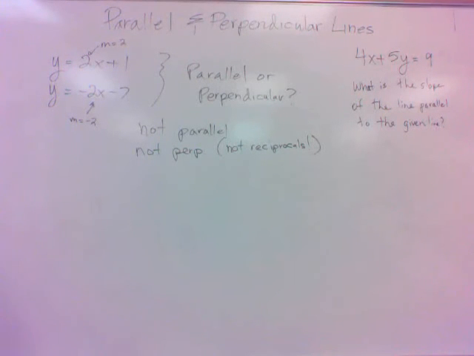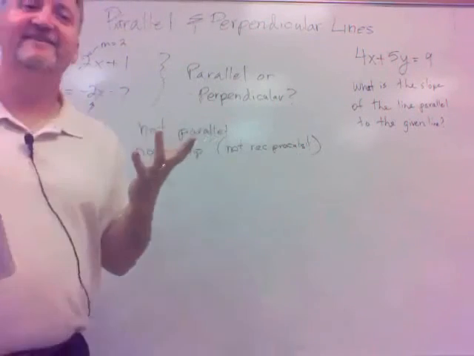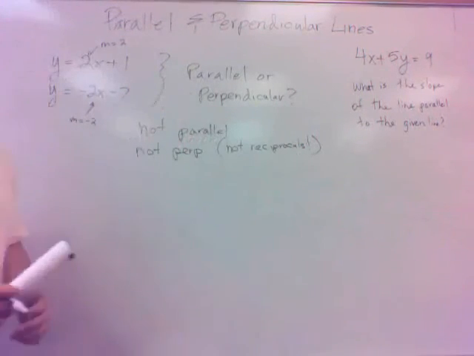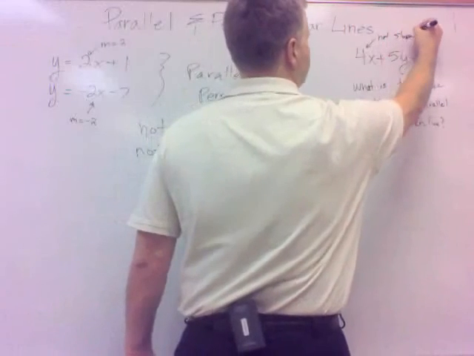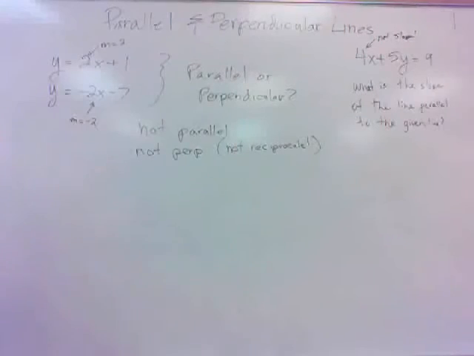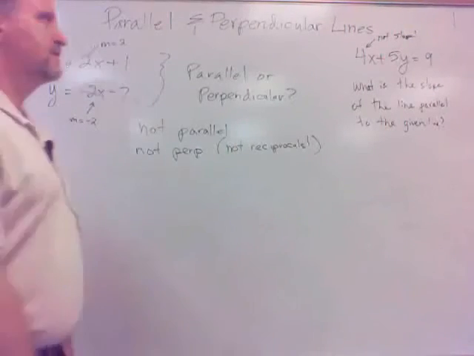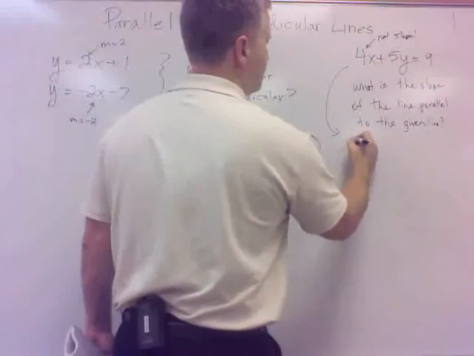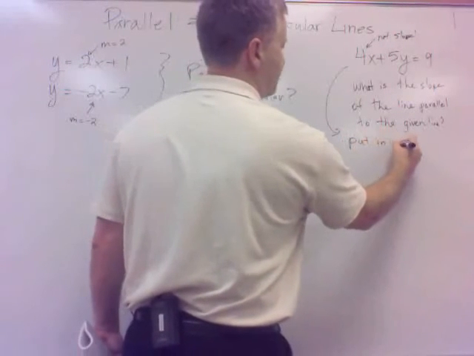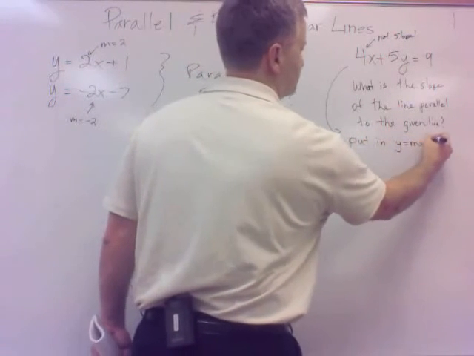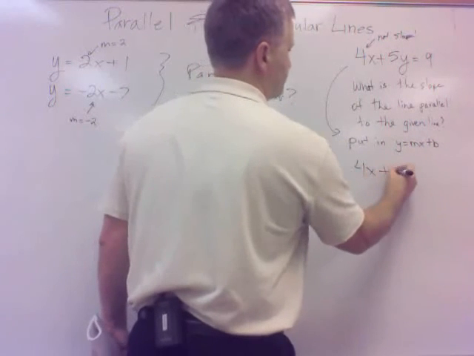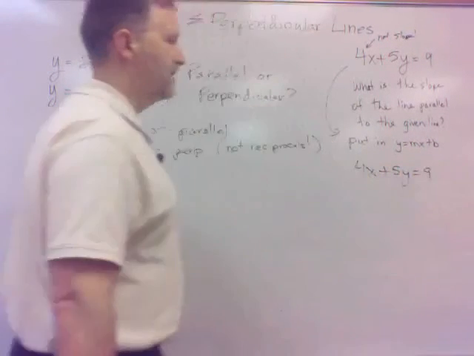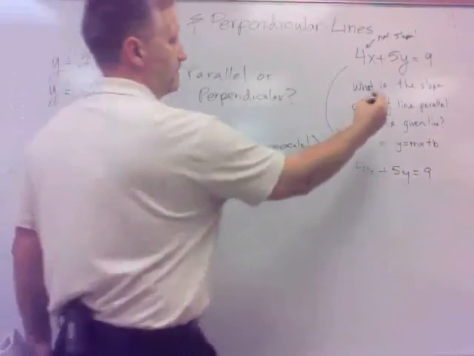Is it 4? It's not 4, is it? Why not 4? Well, this is not the slope. Why not? It's not in y equals mx plus b form, right? So we've got to put this in y equals mx plus b form. The way we would do that is get our little y by itself, right?